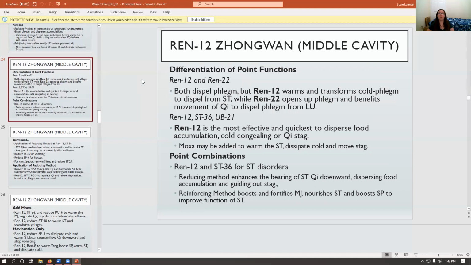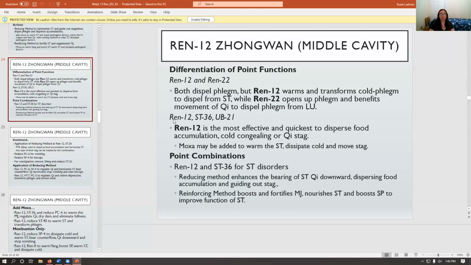But Ren 12 warms and transforms cold phlegm to dispel it from the stomach, while Ren 22 opens up phlegm, benefits the movement of qi to dispel phlegm from the lungs. Ren 12 can also be used for heat as well, but really the differentiation that we're looking at here is middle jiao versus upper jiao. Ren 22 often used specifically when there is phlegm affecting the throat.